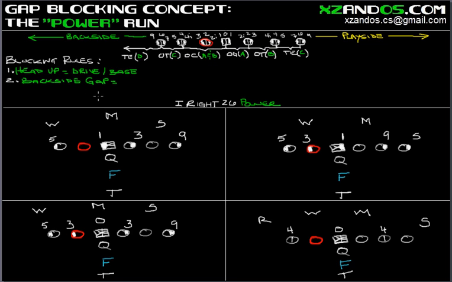If somebody is not head up on them, but somebody is sitting in their backside gap relative to the defensive technique above, they need to execute a down block. I've also heard it referred to as an angle block.